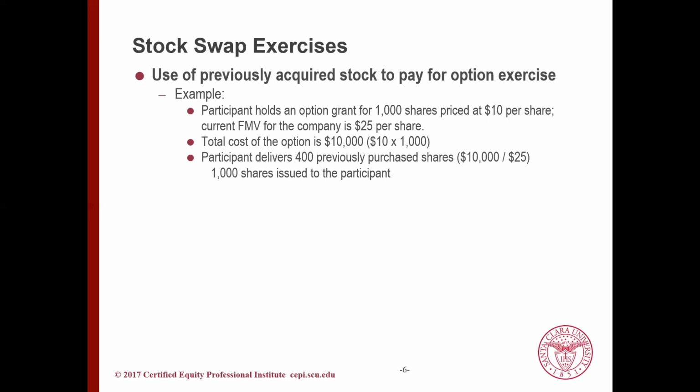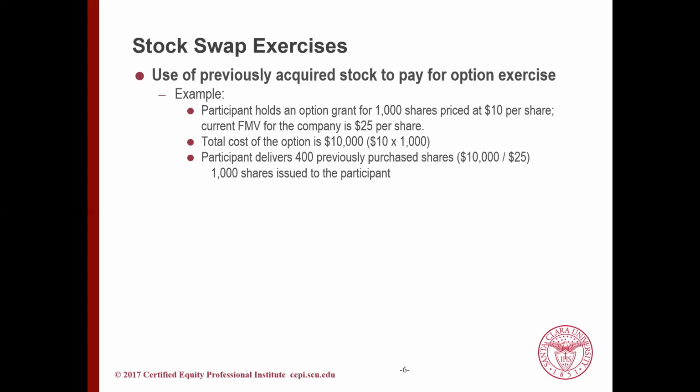In practice, the option holder usually will attest to owning the old shares when he initiates the exercise electronically. And this way, there's just kind of a netting of shares in the end. The tax treatment of the stock swaps depends on the nature of the shares being swapped in and the type of option being exercised, which we don't technically test on until level 3. However, we do want you to understand the mechanics of stock swaps for level 2.